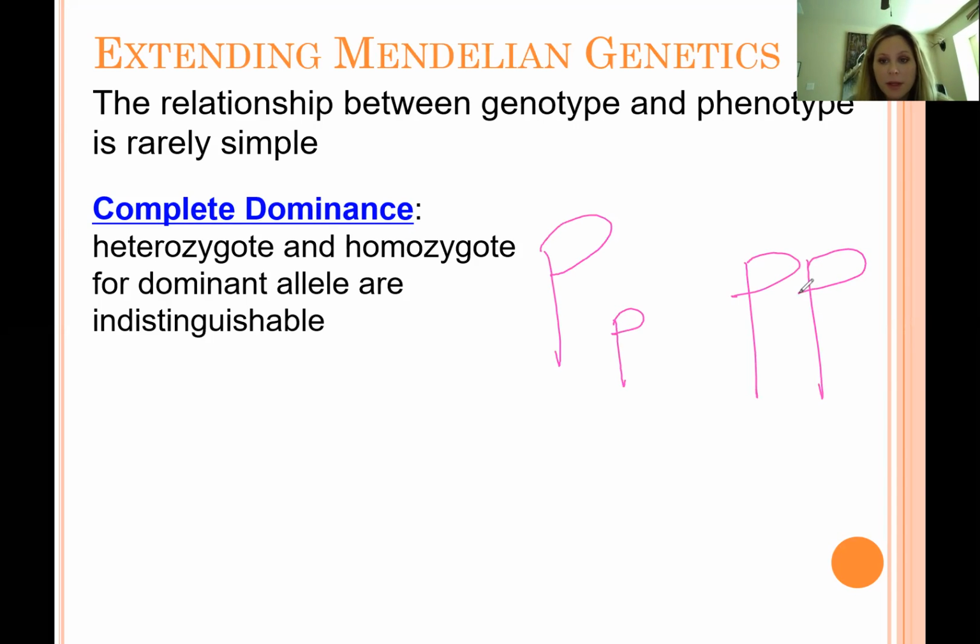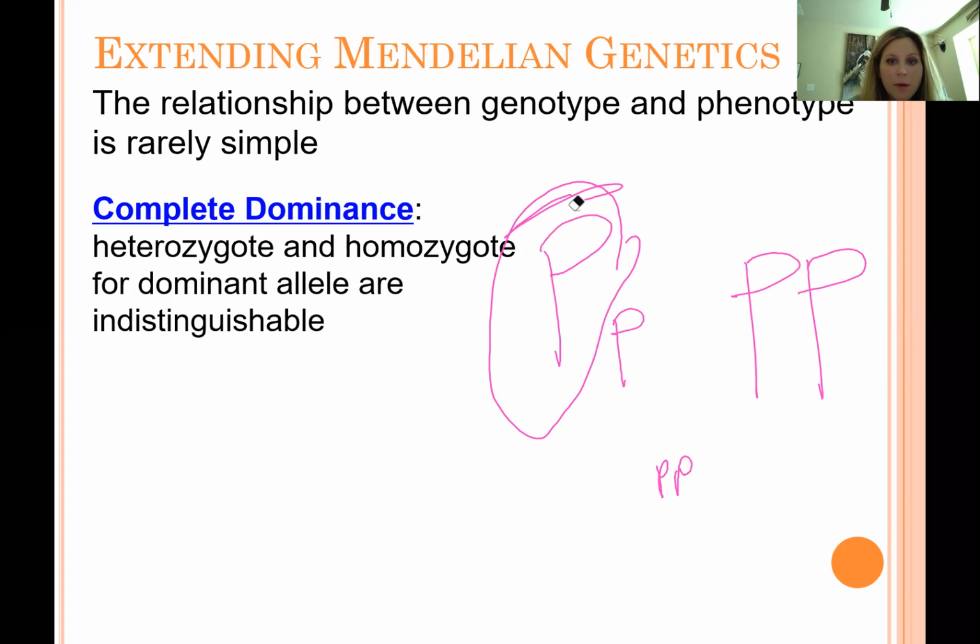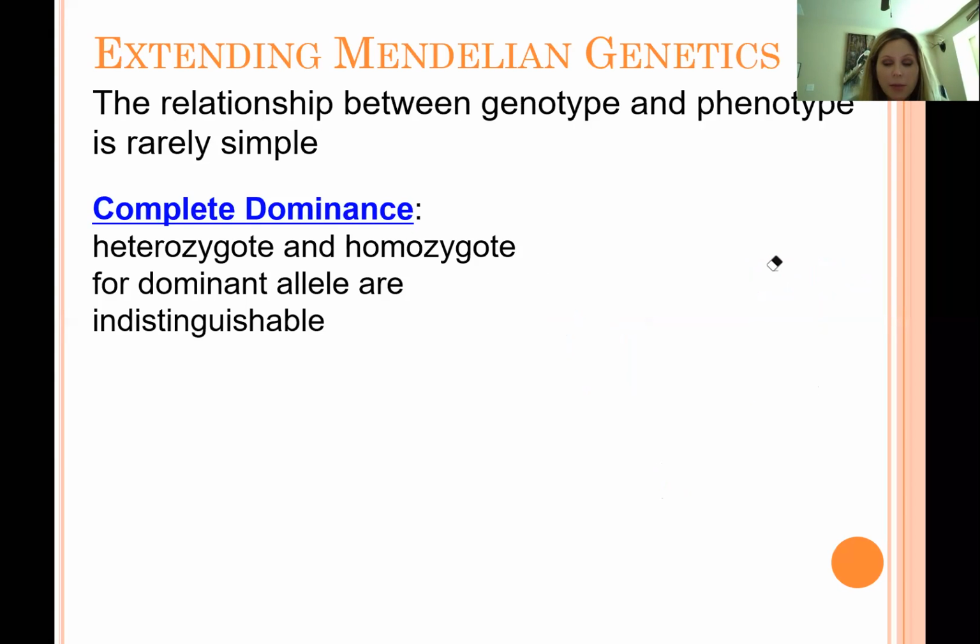Those are both going to be the same intensity of purple. They're going to look exactly alike. That's called complete dominance. You only need one uppercase or one dominant allele to show the dominant trait. And then if there's little p, remember that can be white. So with pea plants and all of the traits that Mendel studied, complete dominance is all he saw.